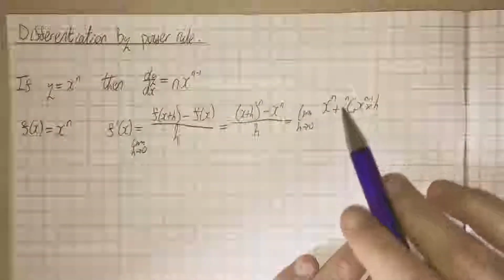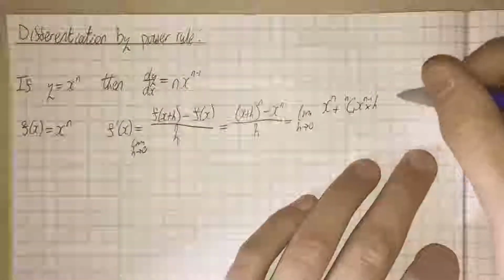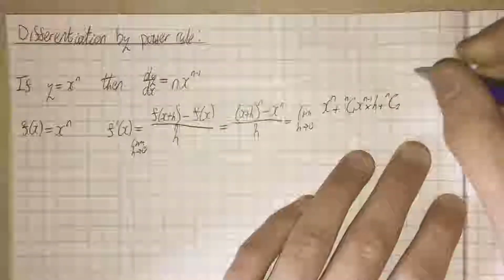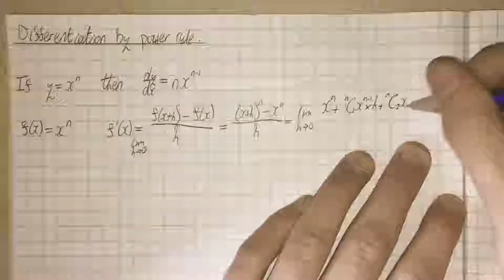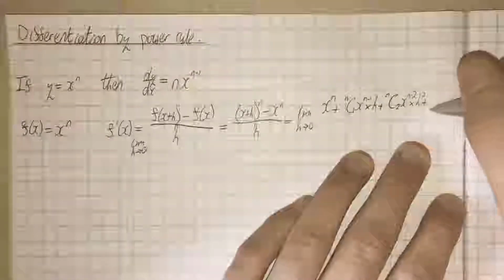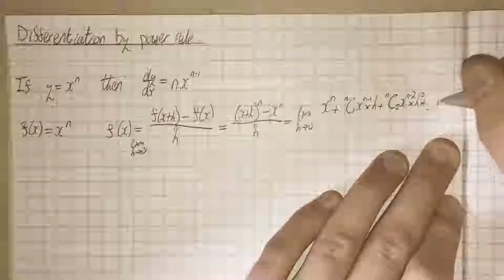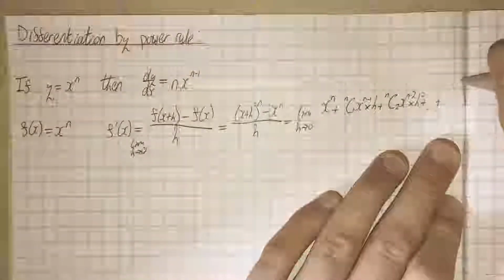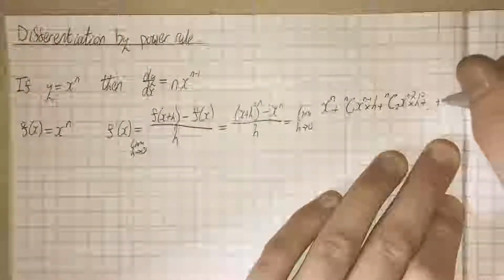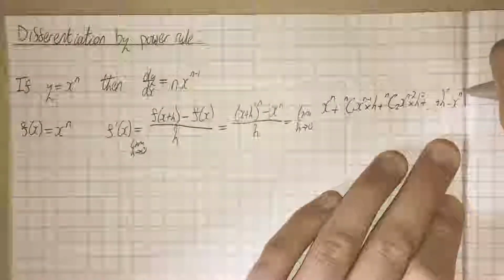That's just a number, nC1. Right, so then we're going to get plus nC2 times x to the n minus 2 times h squared, and this will go on and on, possibly forever, depending on what number n is, and then plus h to the n, minus x to the n.